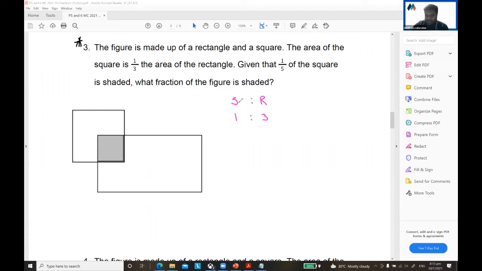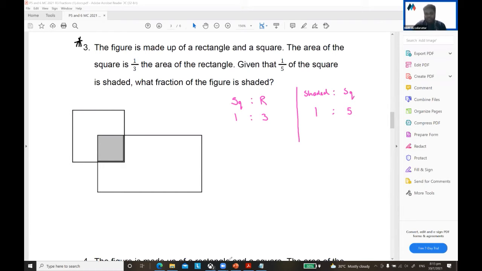In this case, let's write down square as SQ. So shaded to SQ, the square, is 1 to 5.